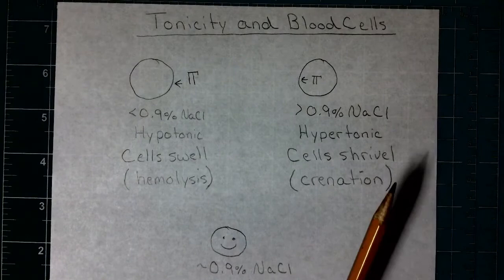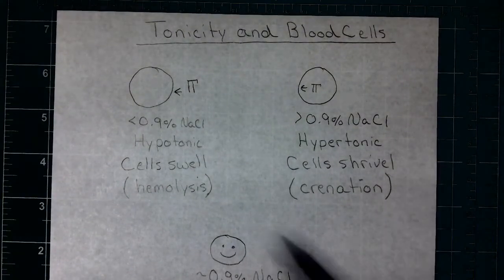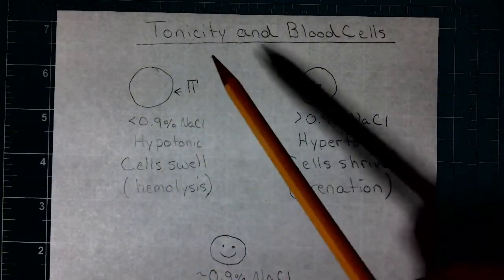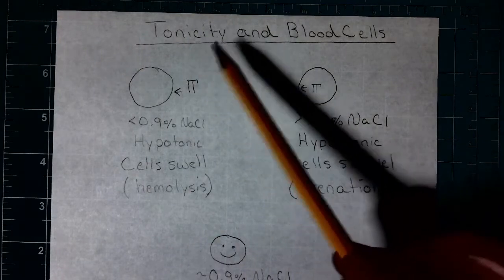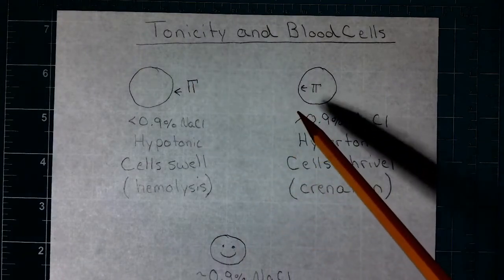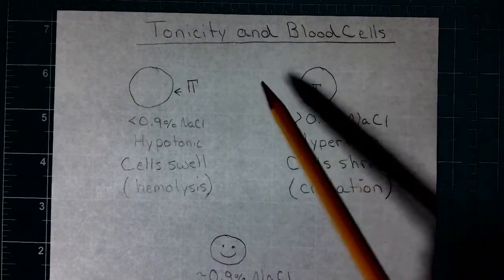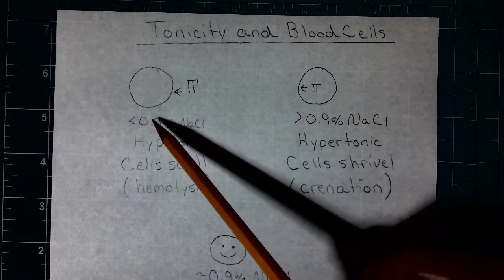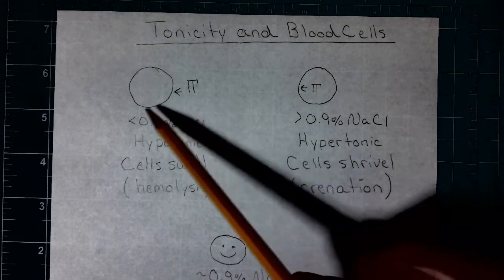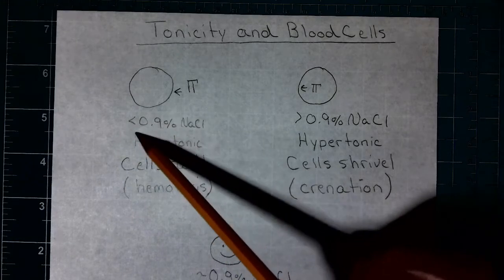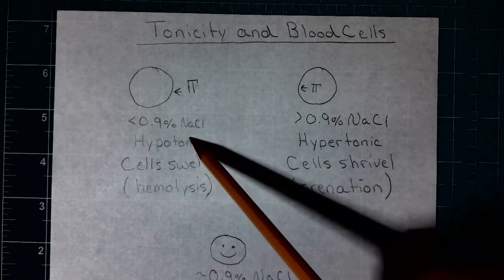One other interesting fact that you guys are going to need for your homework has to do with the idea of tonicity, being hypertonic or hypotonic, and blood cells. So your blood has a concentration of sodium chloride salt that's right around 0.9%.